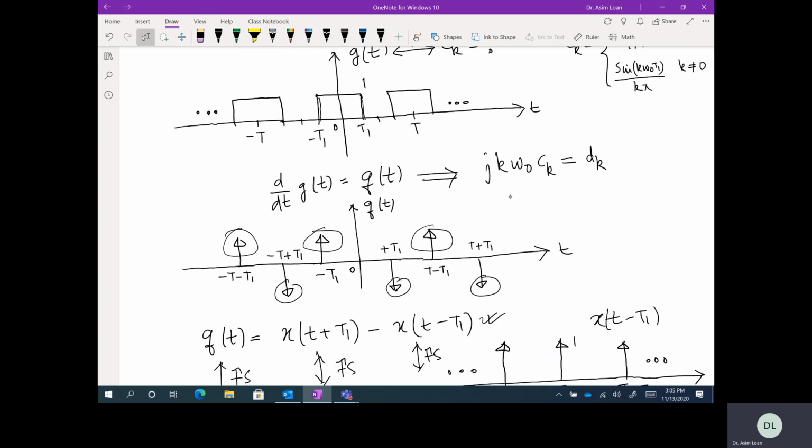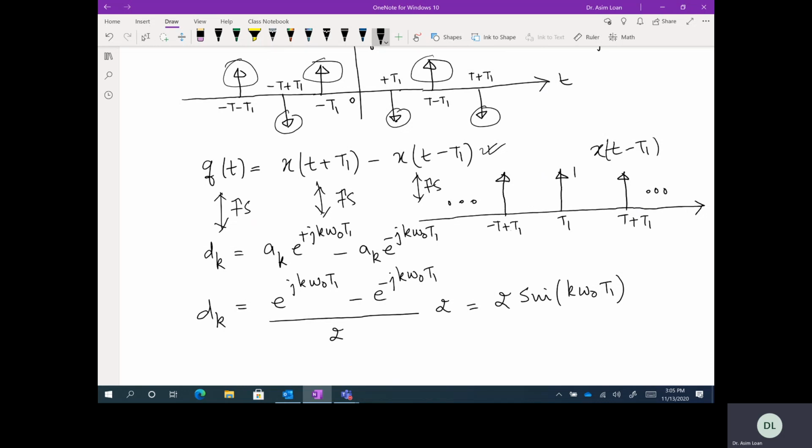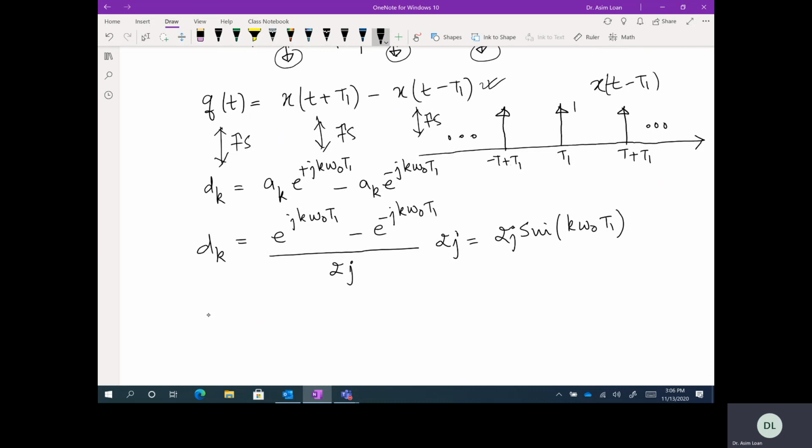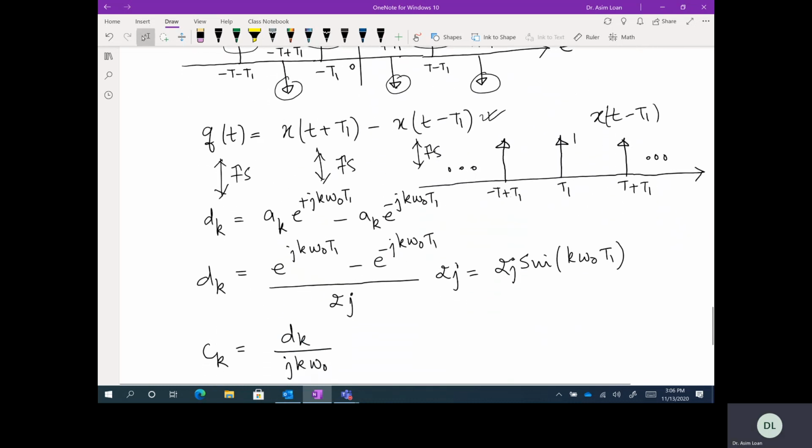So this implies ck is simply dk divided by jk omega naught. Okay, and this one actually I should have a 2j here. So what is ck? Ck is dk divided by jk omega naught, and there should be a t here too.